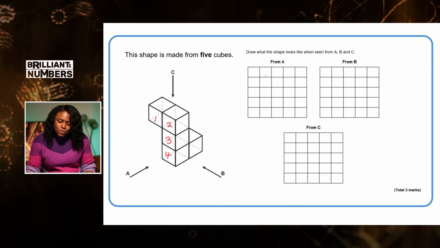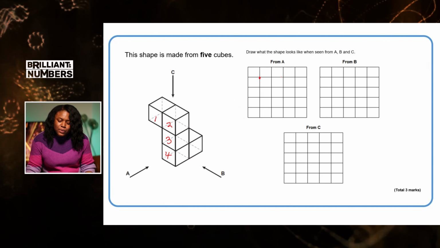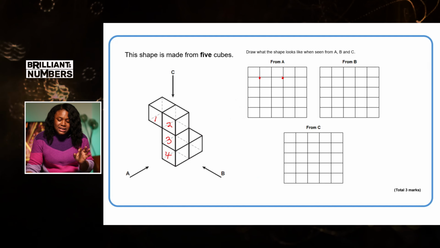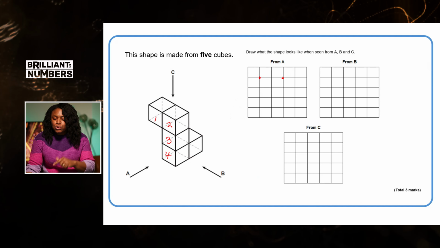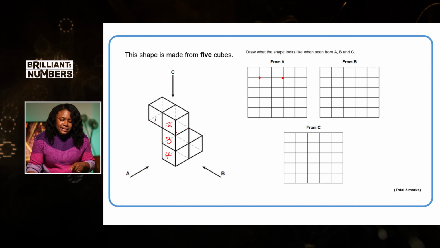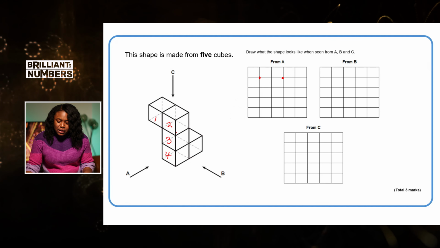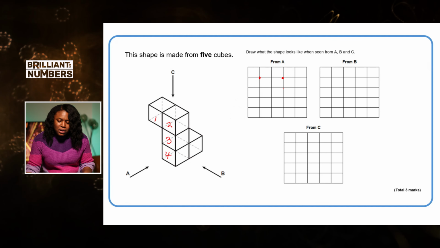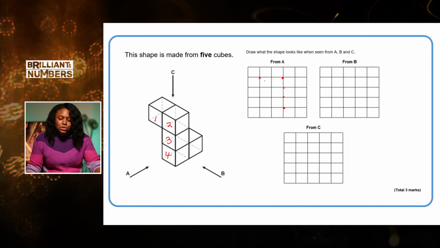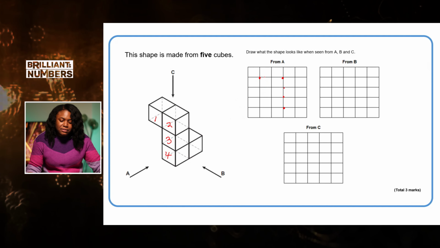So I need to have 2 across. And for this one, it doesn't really matter where on the grid you draw this, once it is the exact measurement. So across we need 2 squares, and down we need 3. So we go 1, 2, 3, and then we need to join them all together.